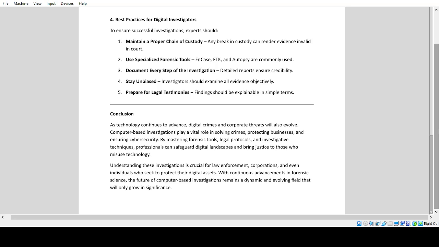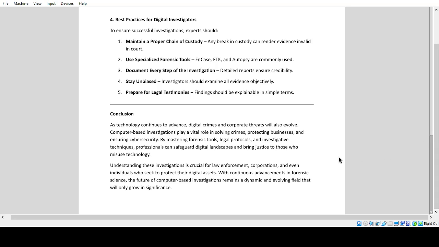Conclusion. As technology continues to advance, digital crimes and corporate threats will also evolve. Computer-based investigations play a vital role in solving crimes, protecting businesses, and ensuring cybersecurity. By mastering forensic tools, legal protocols, and investigative techniques, professionals can safeguard digital landscapes and bring justice to those who misuse technology.